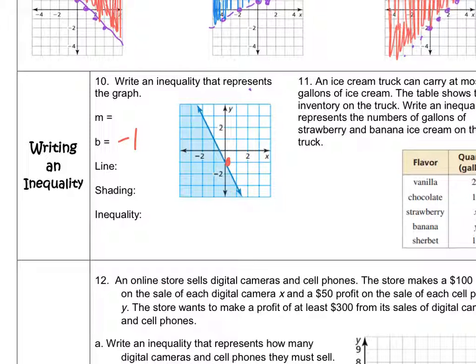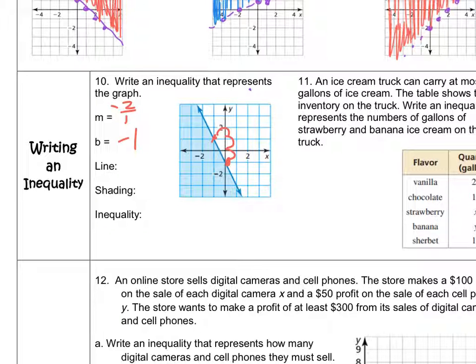So I need to figure out my rise over run. If I get a second point right here, it looks like I'm rising 2, going up 2, and going over 1. So my slope is 2 over 1. That's going downhill, so it's negative.